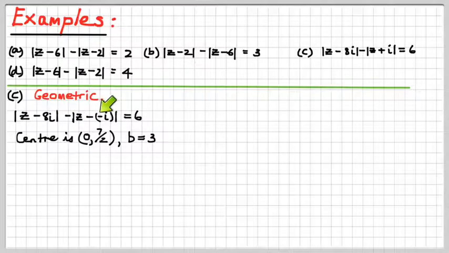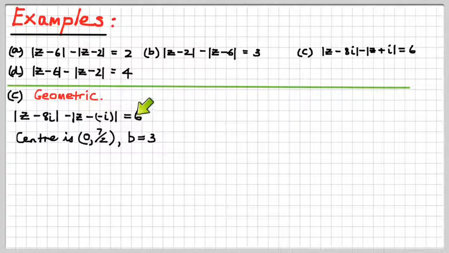Now, what's the centre point? Add these 2 points up, divide by 2, so 8 take away 1 is 7, 7 divided by 2 is 7 over 2, so it's 3.5 units up the y-axis from the origin. Seeing that these points are vertically aligned, we need the distance from the centre of the hyperbola to the vertex, which is up and down.